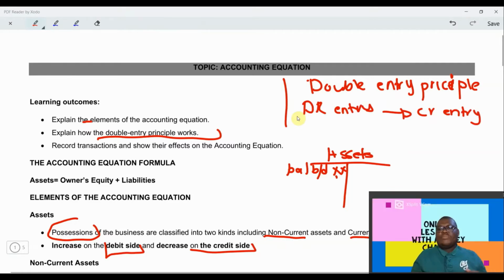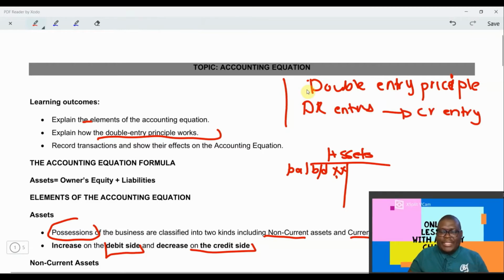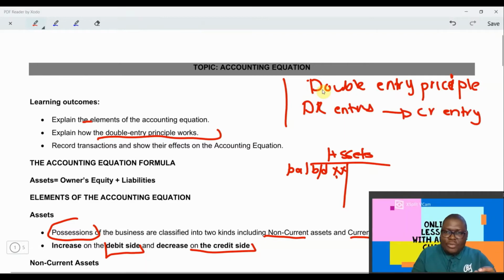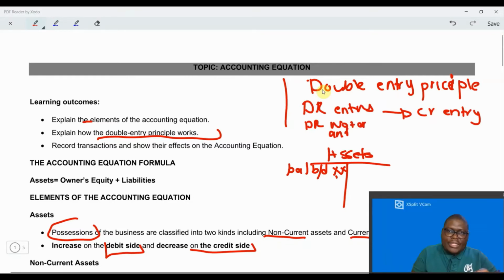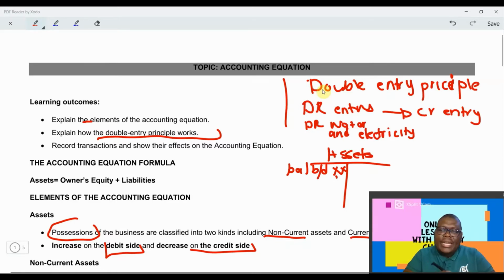Like for example, let's say we've paid water and electricity, paying cash or through the bank. There are two accounts that will be affected. The first one is that I will debit water and electricity, and then because I've debited a particular account, there's an account that I need to credit, and the account that I'm going to credit is the bank.